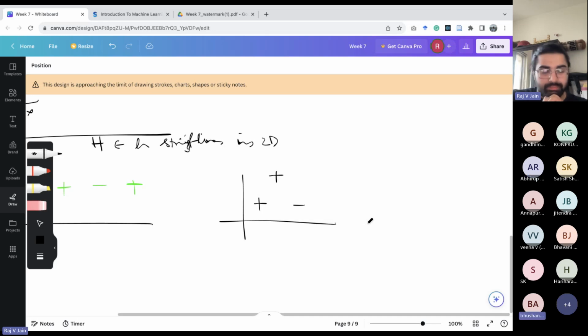Yes, correct. Okay. But sir, I understood VC dimension, but I couldn't understand what the VC dimension really conveys.